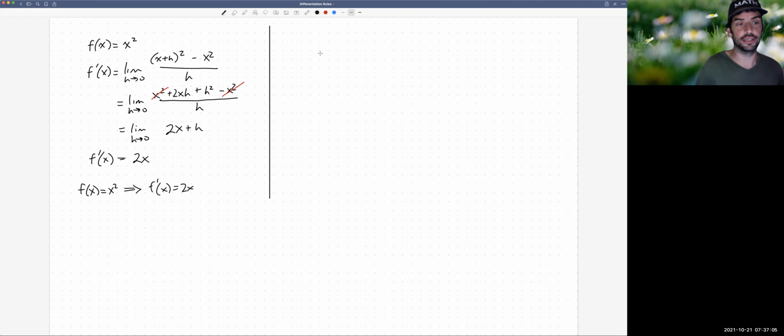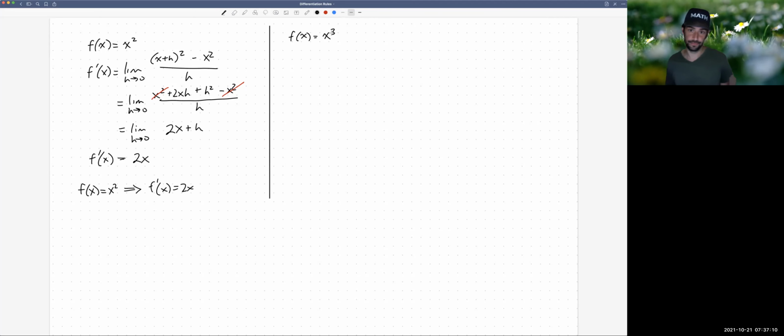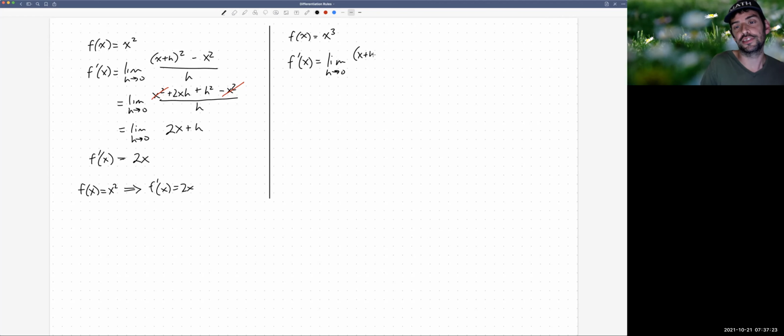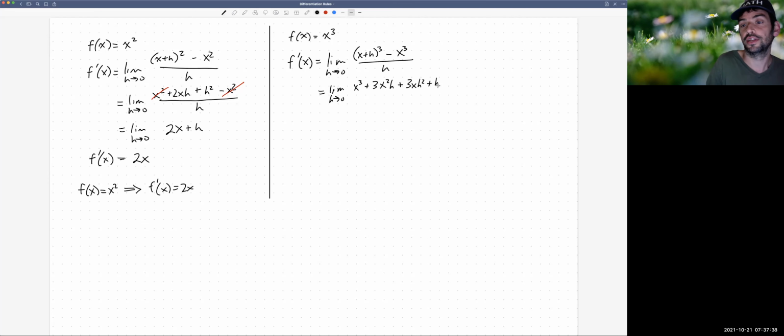Let's do a similar thing for x cubed. Okay. So f prime of x will be the limit as h goes to 0 of x plus h cubed minus x cubed over h. This is going to be the limit as h goes to 0 of x cubed plus 3x squared h plus 3xh squared plus h cubed minus x cubed, right?